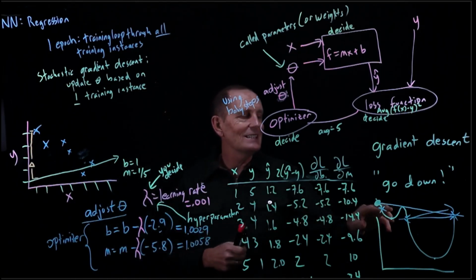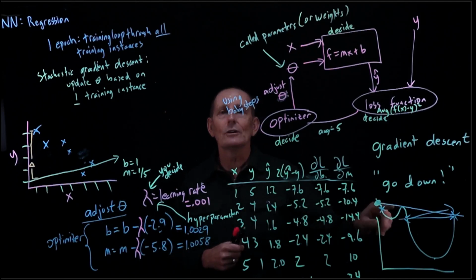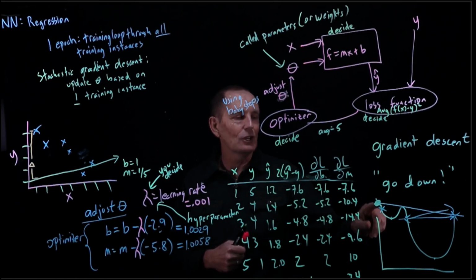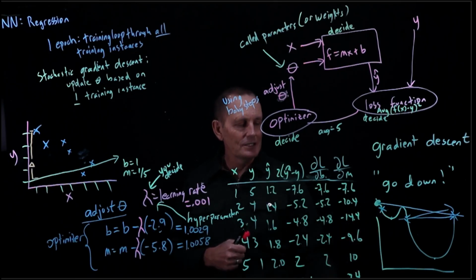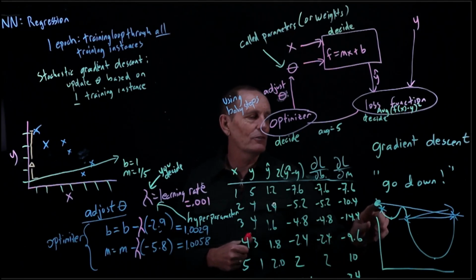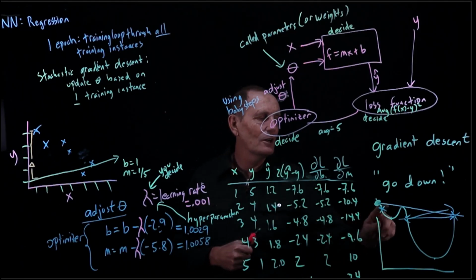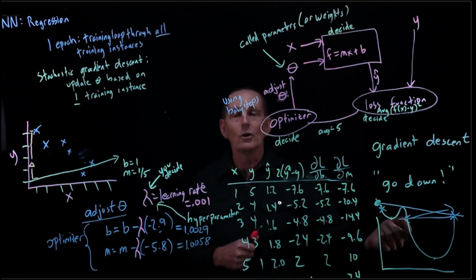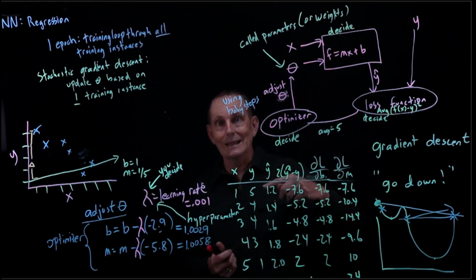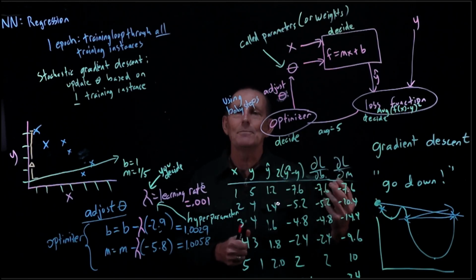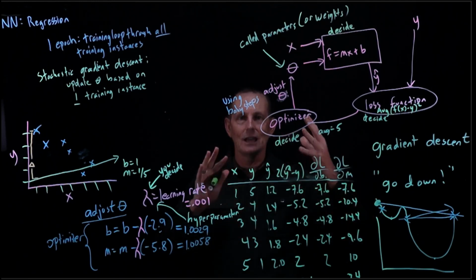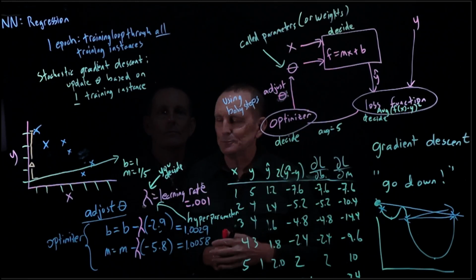That stochasticity is one way, in fact, that we can avoid or get out of local minimum. Right? We can have a training instance that says, instead of moving M by 5.8, let's move it by 14.4. So instead of moving a little bit here, maybe we're going to move enough to get outside of this local minimum. Or maybe we'll go in another direction, like left instead of right, and that may get us out of that as we look at this entire multidimensional picture.